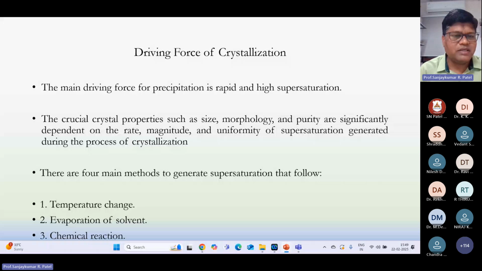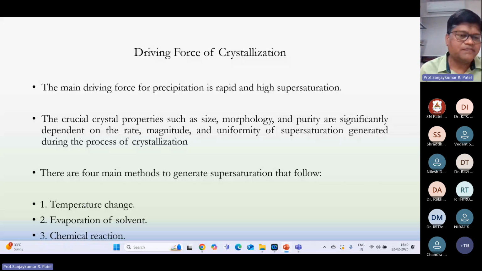Basically, there are four main methods responsible for creating the crystallization process. Mostly the crystals or nuclei occur in a supersaturated solution. So it is said that there are four main methods to generate the supersaturation.